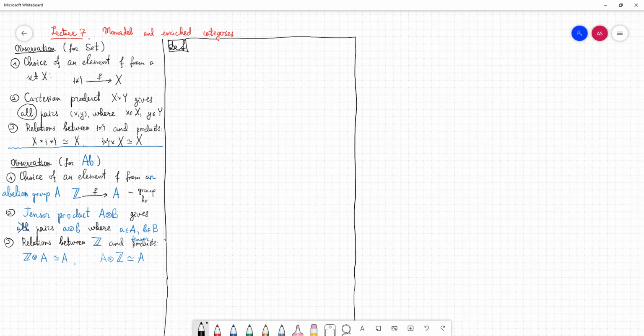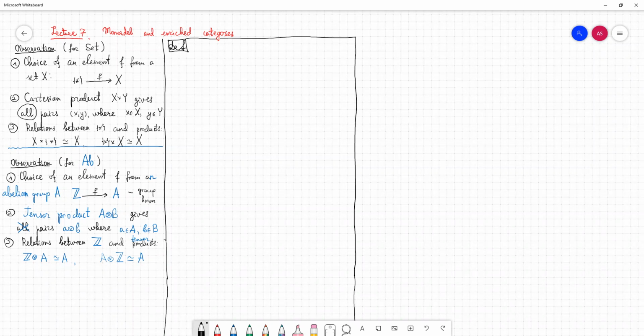So I need to write down, it's not just a function, it's a group homomorphism from Z to A. Every group homomorphism from Z to A is uniquely determined by its value on the identity element. So this value on the identity element is precisely the element f that we are picking up from our abelian group A.